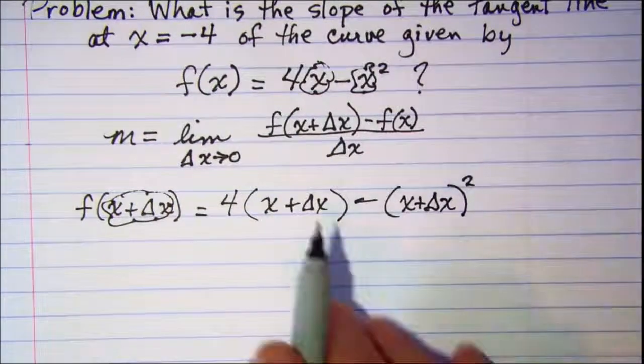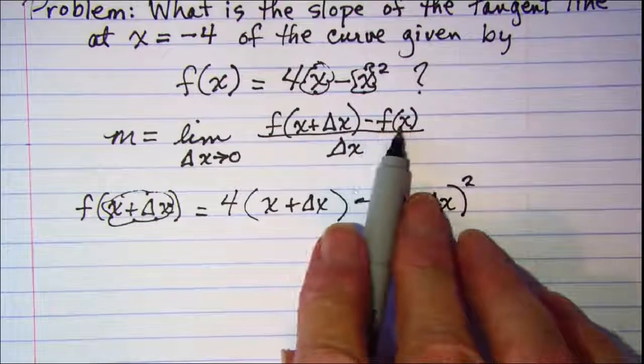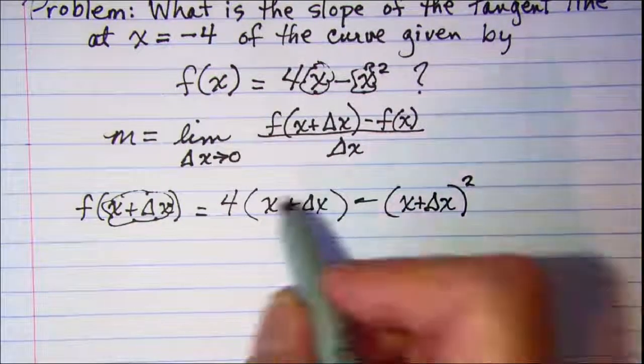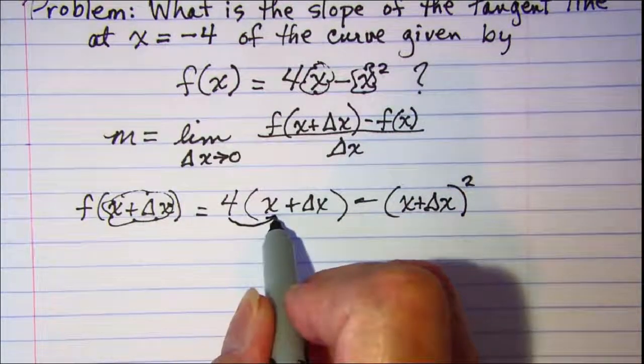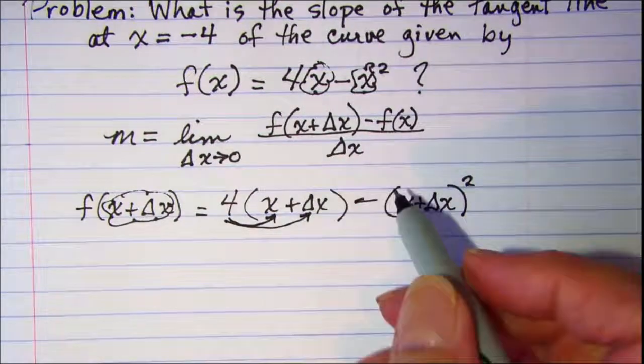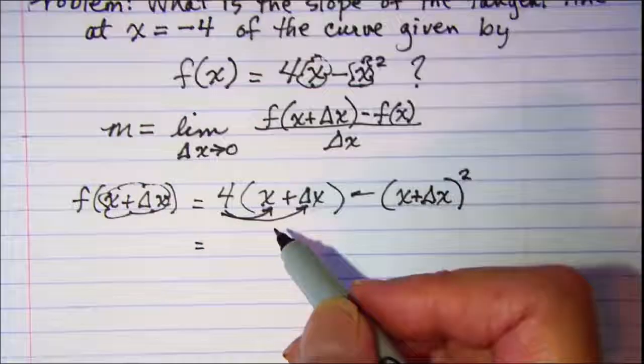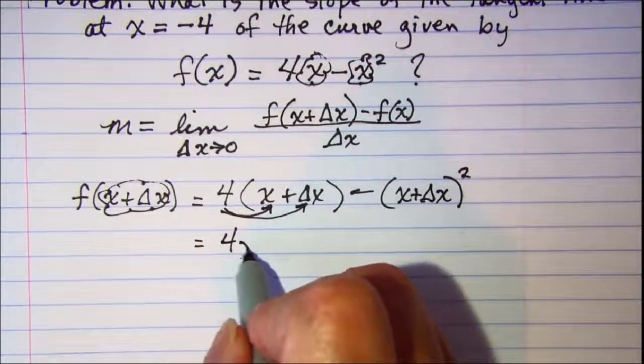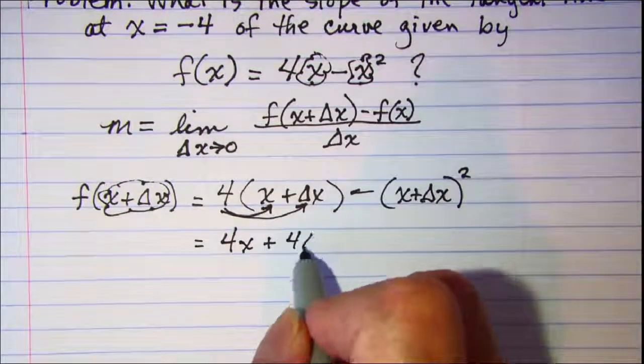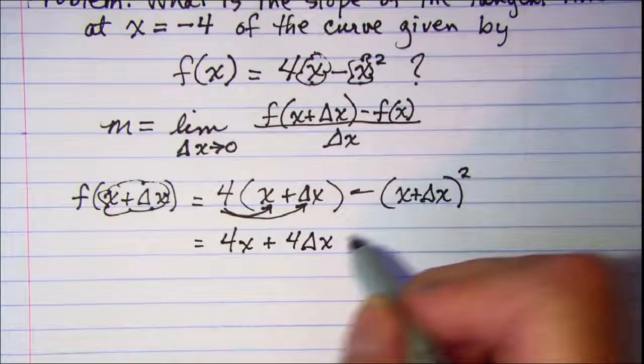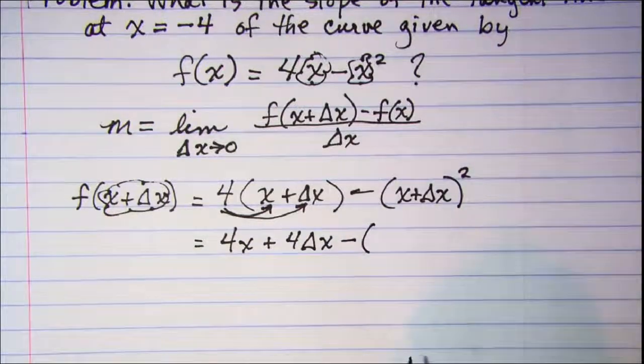Now let's simplify this before we continue working on this fraction. I need to distribute here. So I have 4x plus 4 delta x. And then I'm going to distribute this negative in a minute.